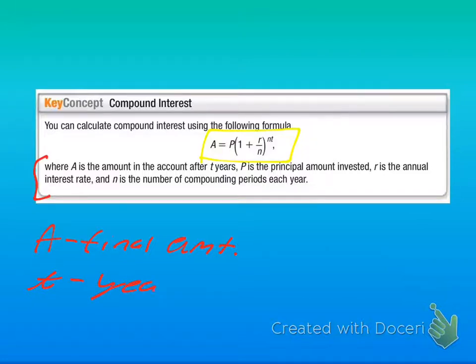T is years. P is the principal amount invested, so basically that means it's your starting amount. R, obviously, is your rate. And N is your number of compoundings.